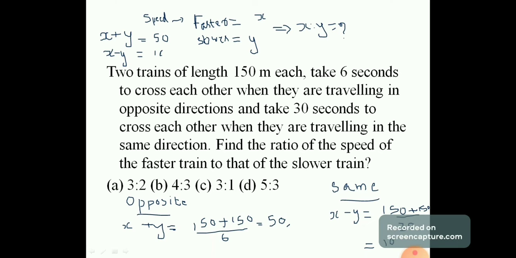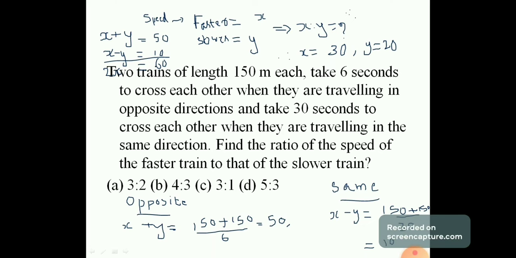To get the values of x and y, we have to solve these equations. So we will be getting 2x equal to 60, or x equal to 30. Substitute the value of x in that equation, so we will be getting y equal to 20. So x is to y is equal to 30 is to 20.